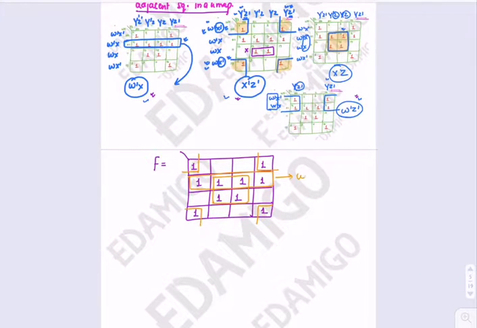This will give me w bar x, these four squares at the corners will give me x bar z bar, and this will give me xz. So my function f is equal to w bar x plus xz plus x bar z bar.